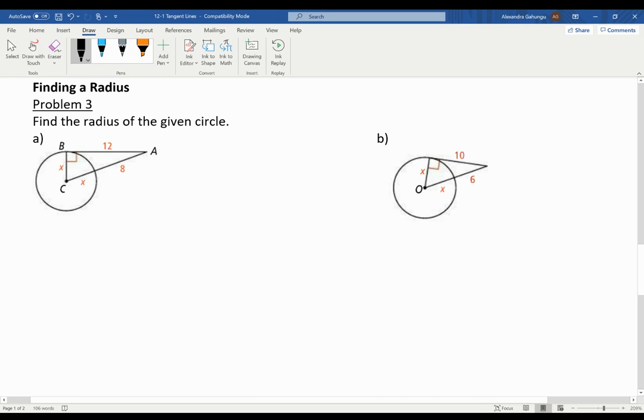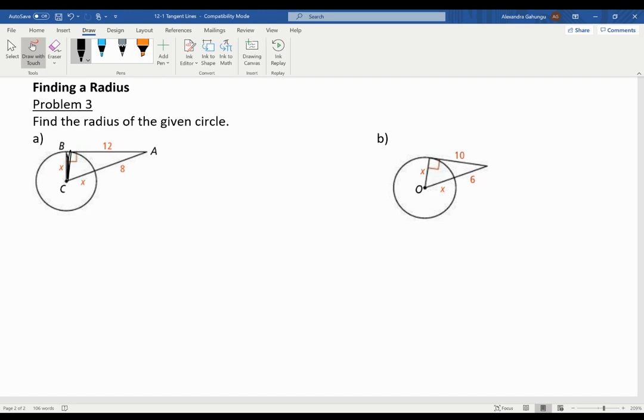So if I do have a 90 for problem 3, example A, I have the 90 here. So that means AB is going to be tangent. So if we know that, we can actually find the radius, which is x.